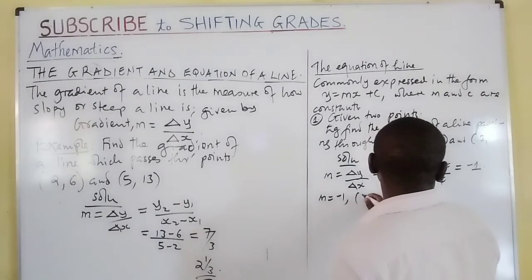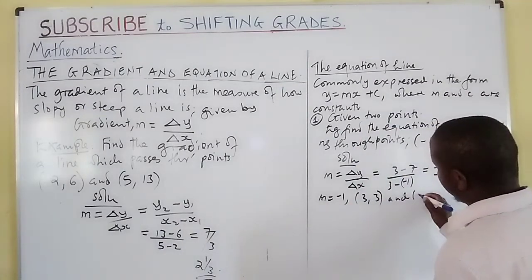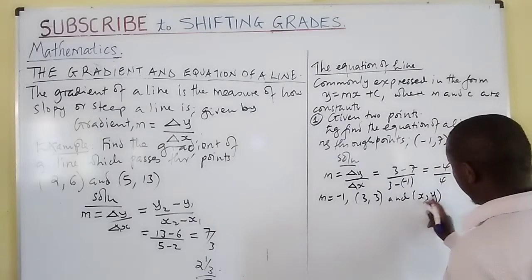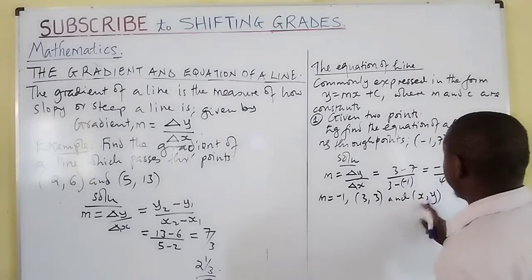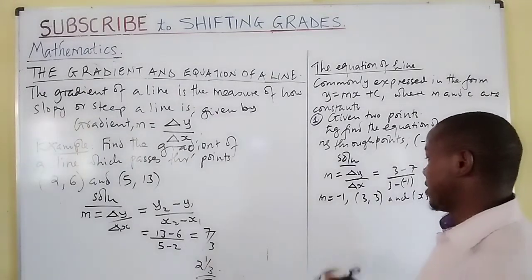Then we take any of the coordinates, and we let another unknown coordinate be (x, y). Now we re-express the gradient.